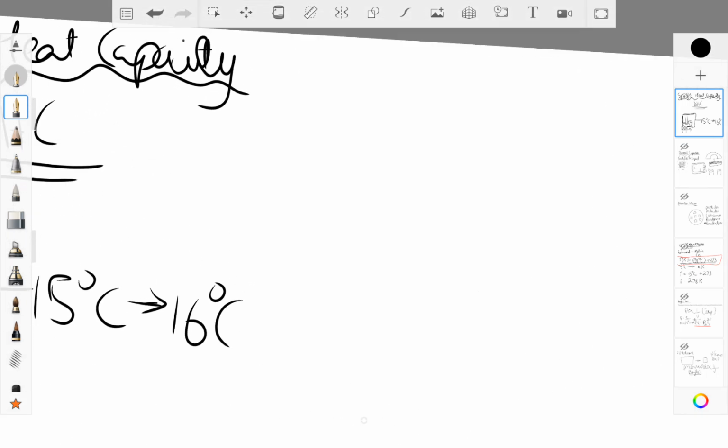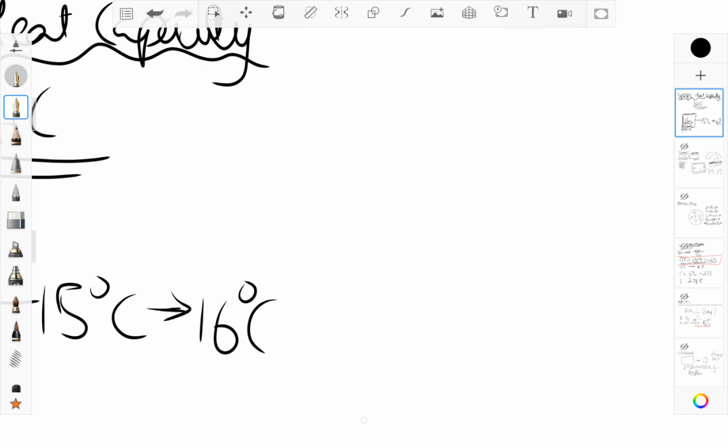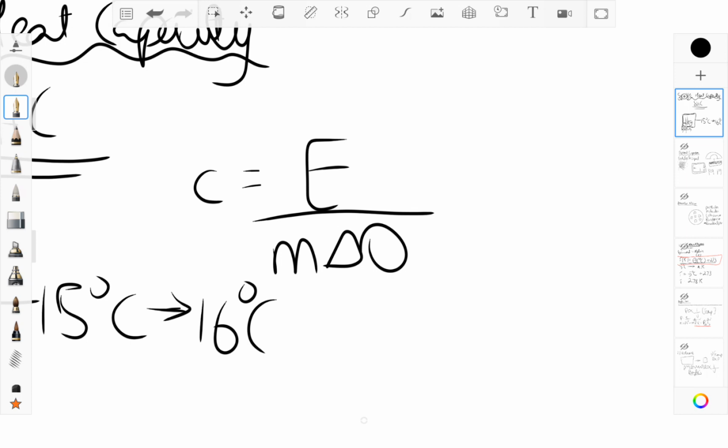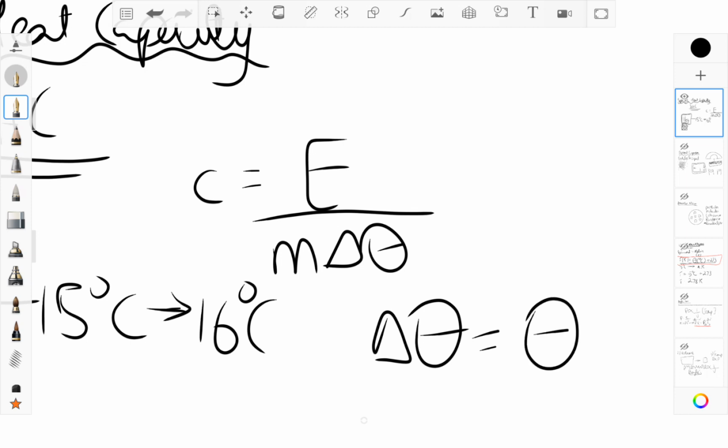There's a formula for calculating it, where SHC, whose symbol is just a small c, is equal to E, which is energy, over mass, m, times a change in temperature, or c = E / (m Δθ). And Δθ is a change in temperature, just the final temperature minus the initial temperature.